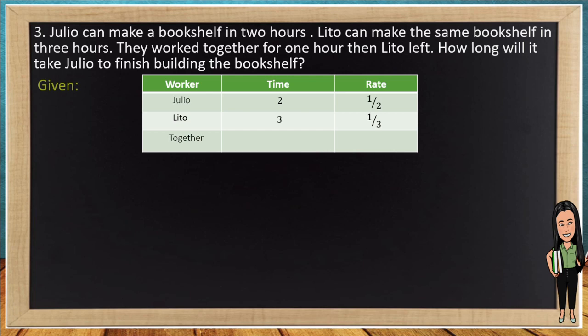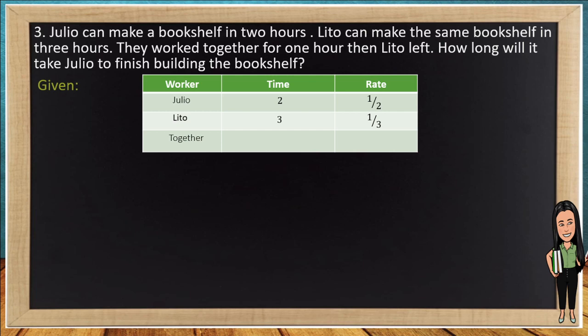So, if they will work together, hindi natin alam kung ano yung rate nila. But we know that the rate of the two individuals working together will be equal to 1 over x, not 1 over x if we will represent x as the time.